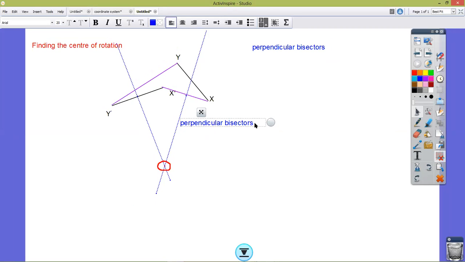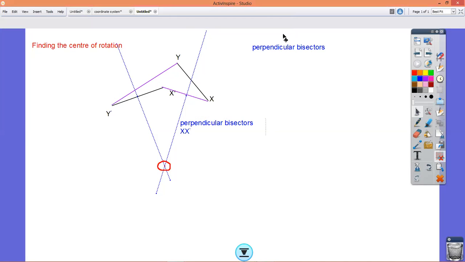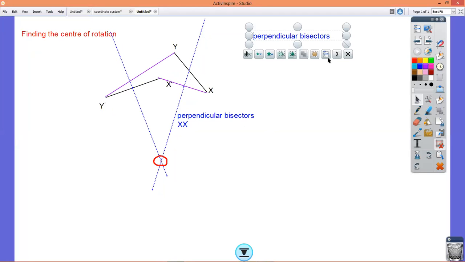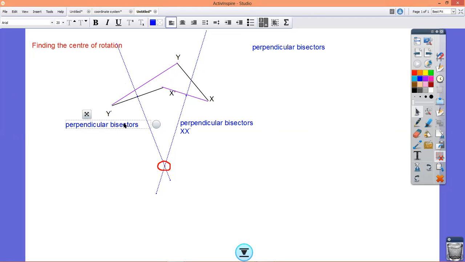Now let's go. This is the perpendicular bisector for y, sorry, y and y bar.